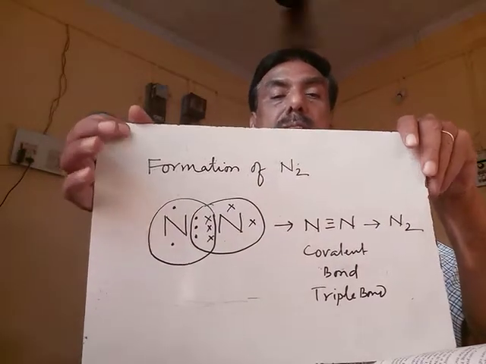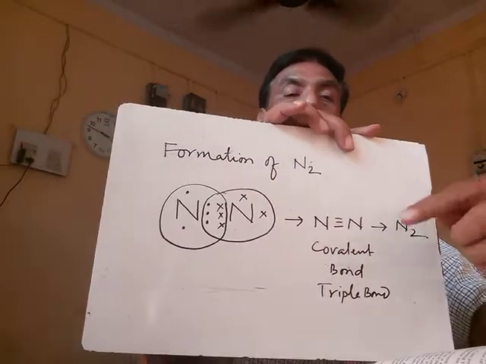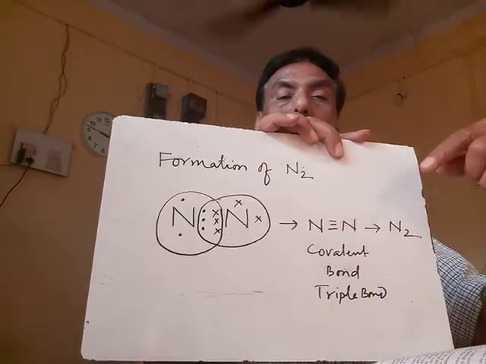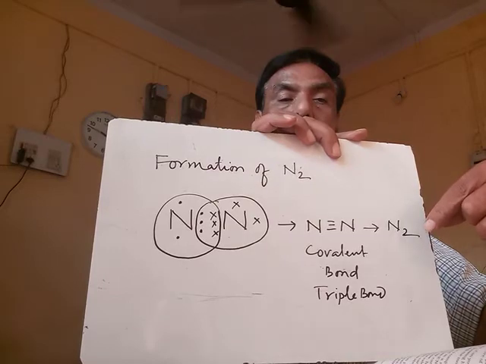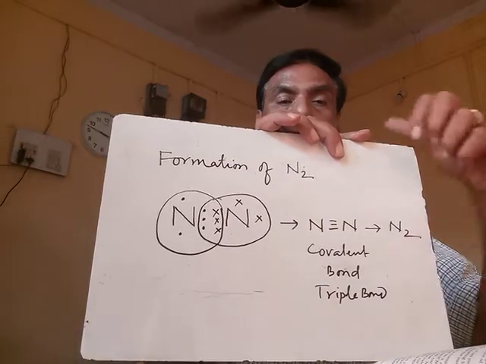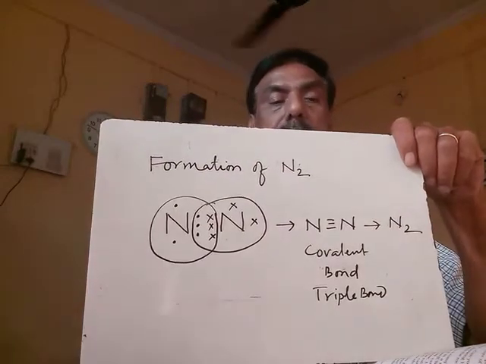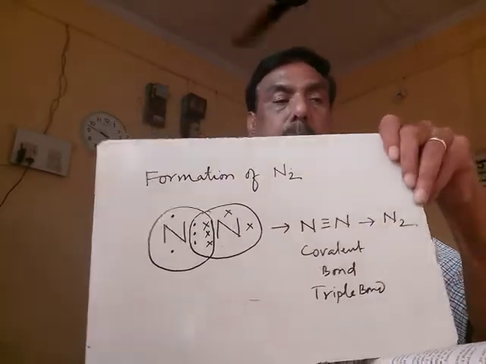Since 3 electrons are shared, the covalent bonds formed are 3: 1, 2, 3. The product obtained is nitrogen, N2. So this is a triple covalent bond between nitrogen and nitrogen. This is the bond formation of nitrogen, oxygen, and hydrogen.